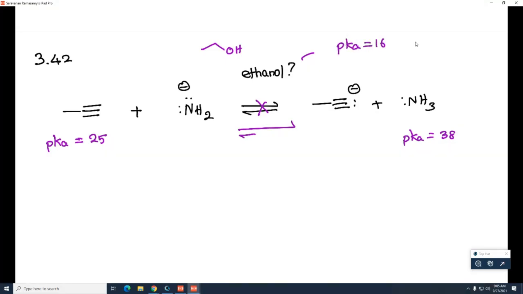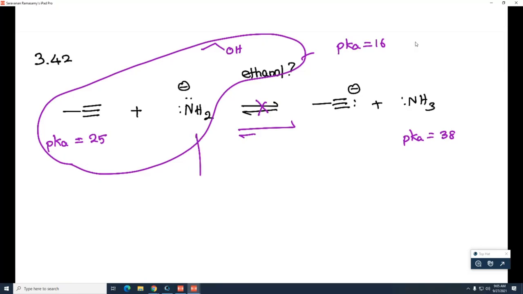Now, this is the base you put in your flask. At the beginning, before you run the reaction, you have three components in your flask: two reactants and a solvent. Now, the base has two choices. It can deprotonate the pKa 25 proton or the pKa 16 proton. Which is more favorable?